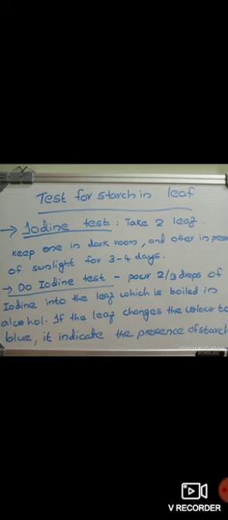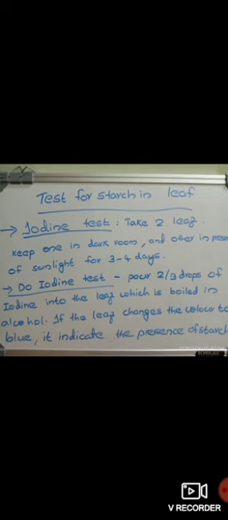Now, in this case, we want to prove whether the leaf is undergoing photosynthesis or not. If it is doing photosynthesis, starch will be produced there. If it is not undergoing photosynthesis, there will be no starch. It will not answer iodine test.